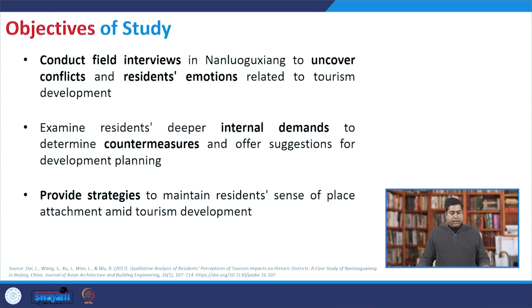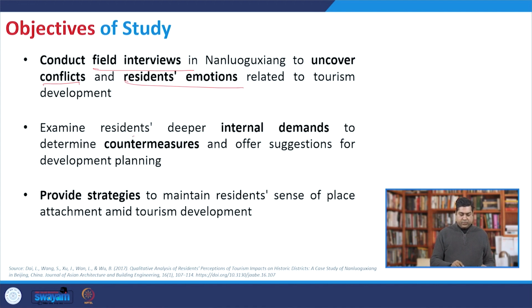Coming to the objective of the study, in this case the authors conducted field interviews in the study area to uncover conflicts and residents' emotions related to tourism that are now aggravating in this location.